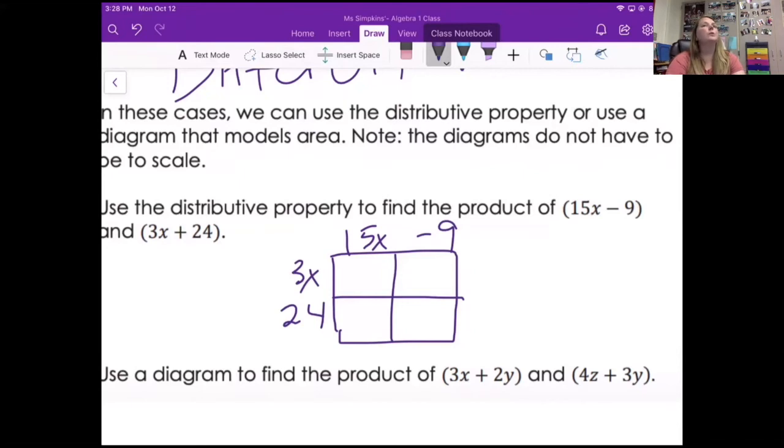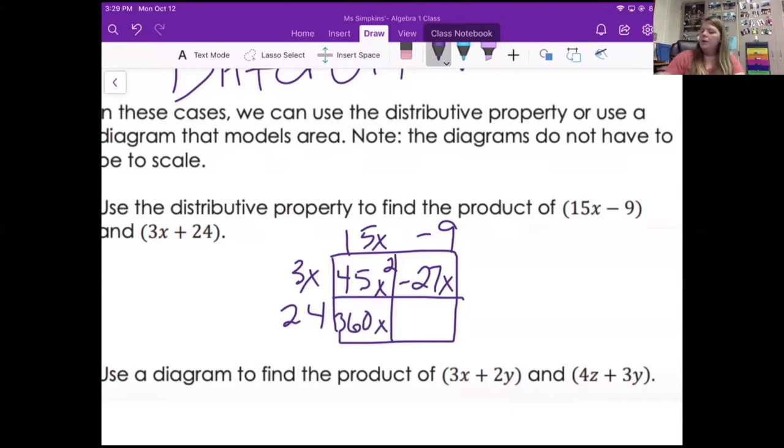And what we're going to do is multiply each individual piece together and then add up the whole thing to get our answer. So 3x times 15x would be 45x squared. 3x times negative 9 would be negative 27x. 24, and I'll cheat for you, 24 times 15 is 360x.